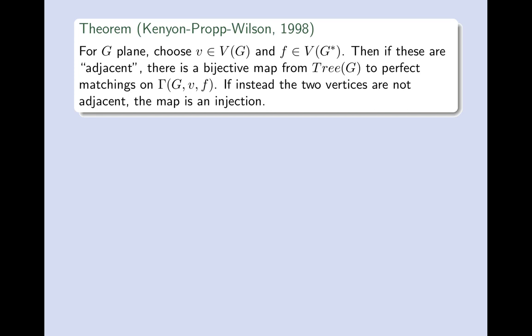Okay, so if we have this adjacency condition, then there is a bijective map from the set of trees of the graph G into the set of perfect matchings on the Tait graph, reduced in the sense that we removed both the vertex corresponding to V and the vertex corresponding to F. If instead these two vertices we chose at the beginning are not adjacent, then this map is only an injection.